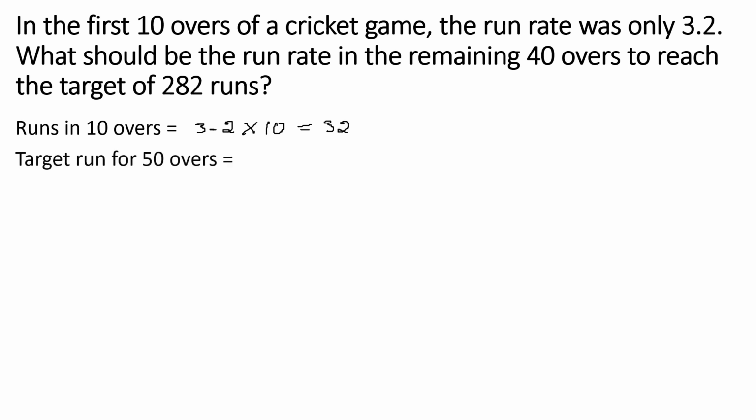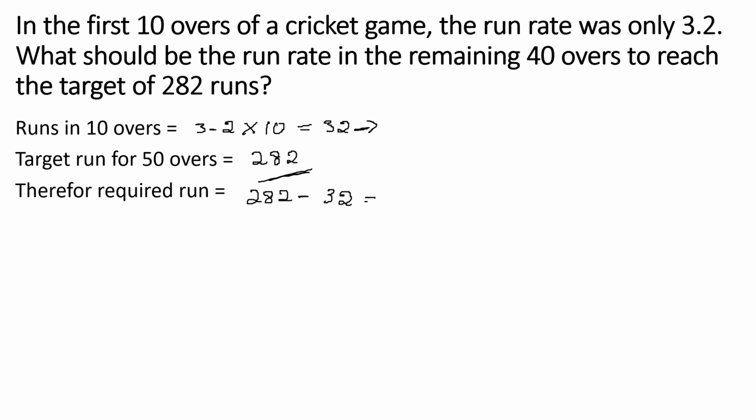Now, what is the target run for 50 overs? That is 282. So this is for 50 overs, this is for 10 overs. Now the required runs for the remaining 40 overs will be the target runs minus the runs in the 10 overs. So 282 minus 32 will be 250.